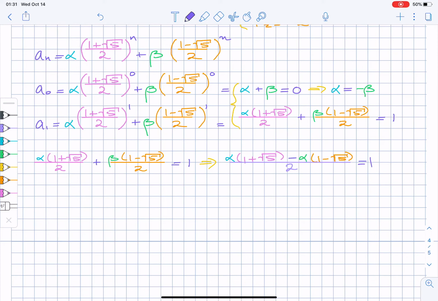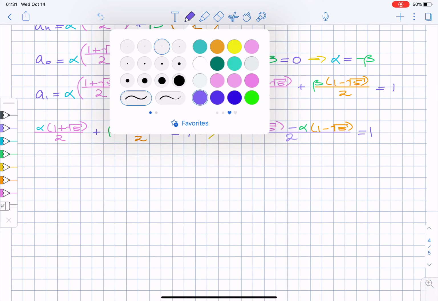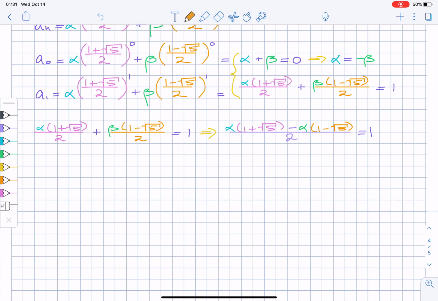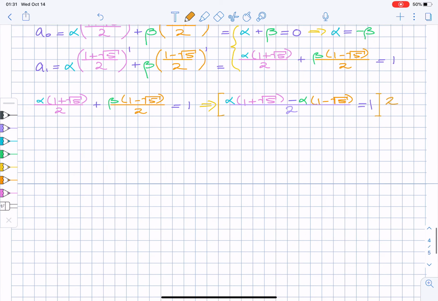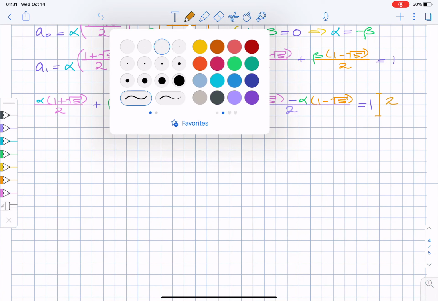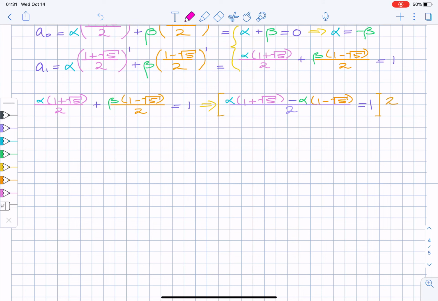Okay, so let's go ahead and cross multiply by 2. Let's get rid of the denominator and multiply this whole fraction through by 2. Distributing, I'm going to have a positive alpha here and a negative alpha here, so those are going to reduce.